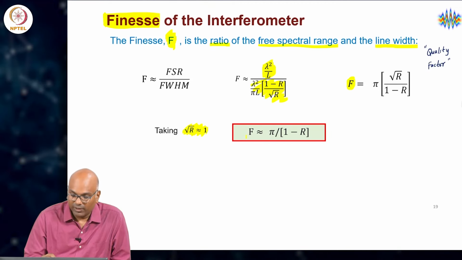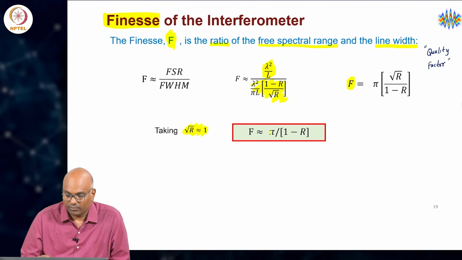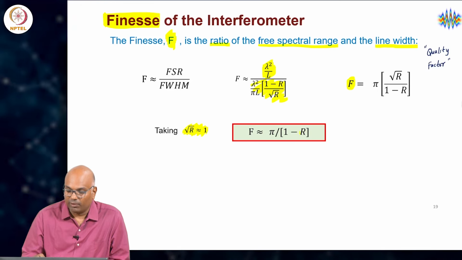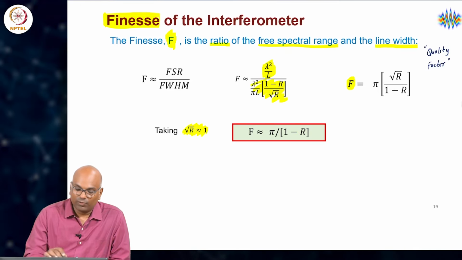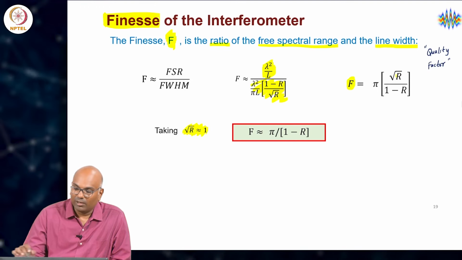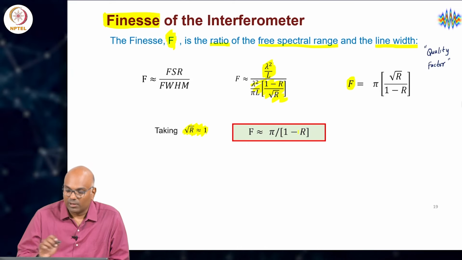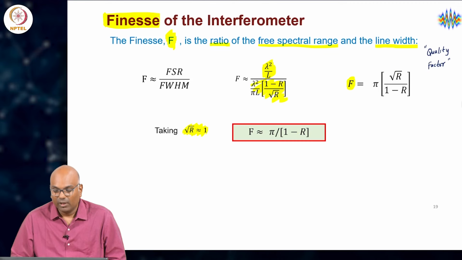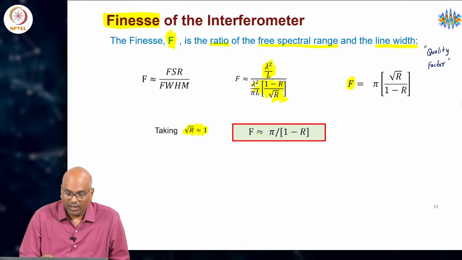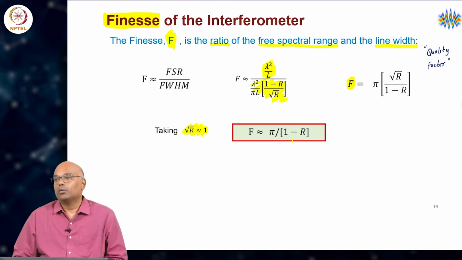Therefore, the finesse F is easily written now as pi divided by 1 minus R. Of course, we have replaced square root of R by unity here. It makes absolutely no sense to do that in the denominator, which would just blow up the value of F. So, F therefore is pi divided by 1 minus R.